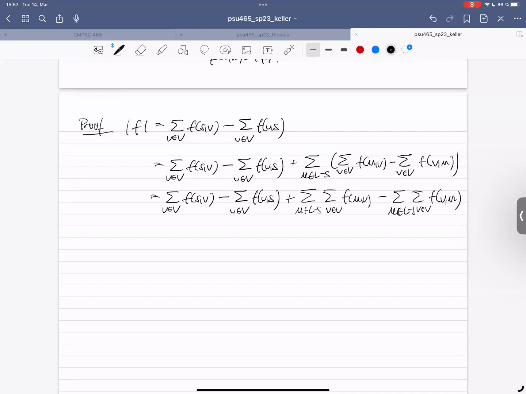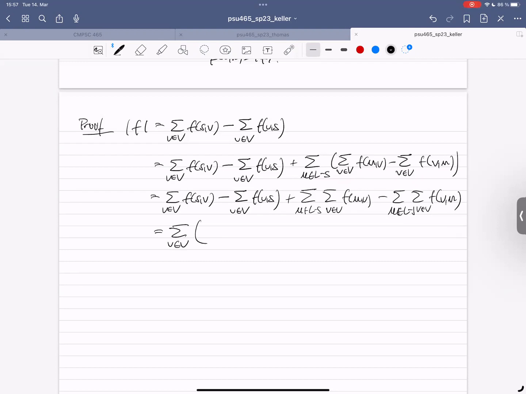Okay, so this is just expanding the second sum. I didn't do really anything here. It's just this here and then this here. Good. And then I'm just rearranging this a little bit, and you will see in a second why I do that.